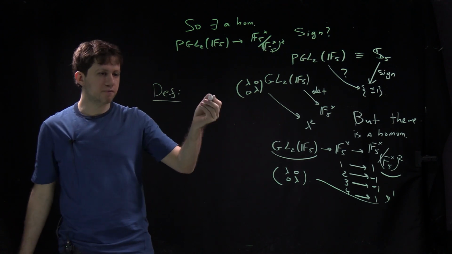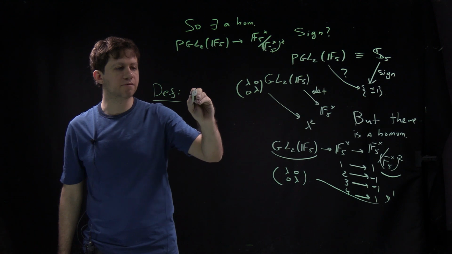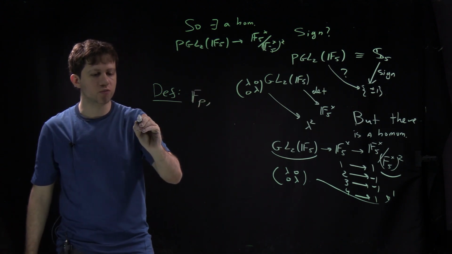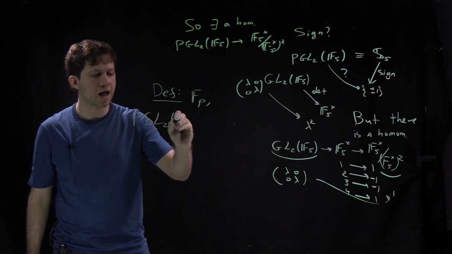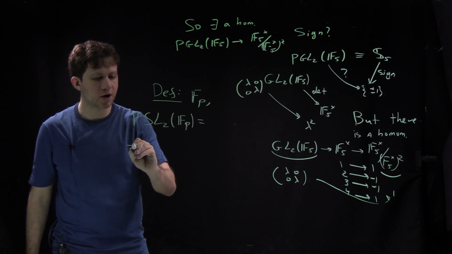So, definition. If you have an arbitrary field F, let's say Fp, then there is a group which is called PSL2 of Fp, and that's in general just constructed in the following way.